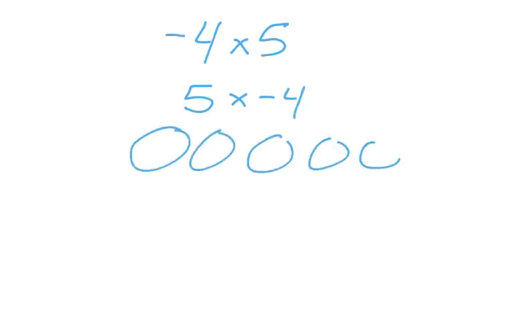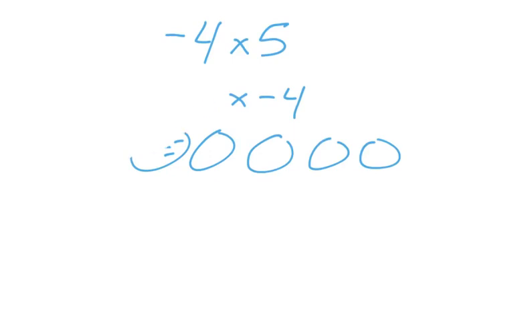If you have negative 4 times positive 5, you have two options here. You could say that this is the same thing as 5 groups of negative 4, and then you could draw 5 groups with 4 negatives in each one.